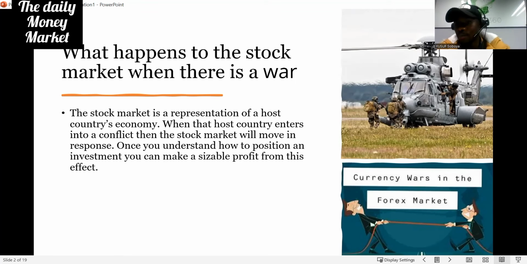So if I may ask before I go further, in this conflict between Russia and Ukraine, what is the main thing you realized has moved, except the oil, because it's an obvious one, cars are showing us flames.